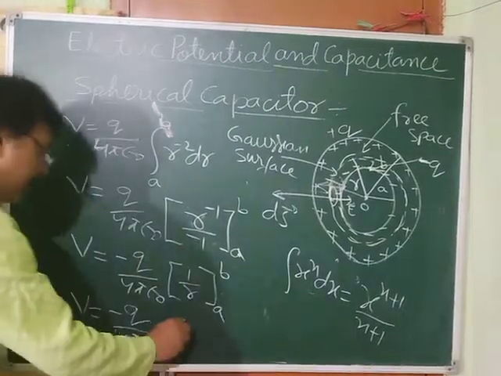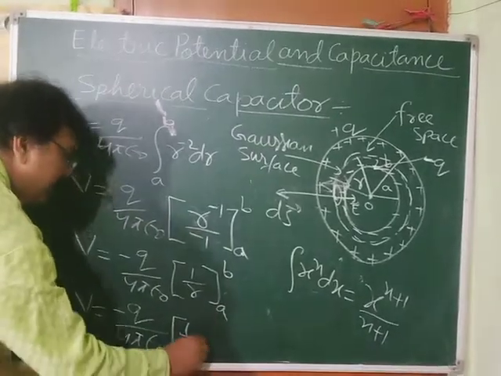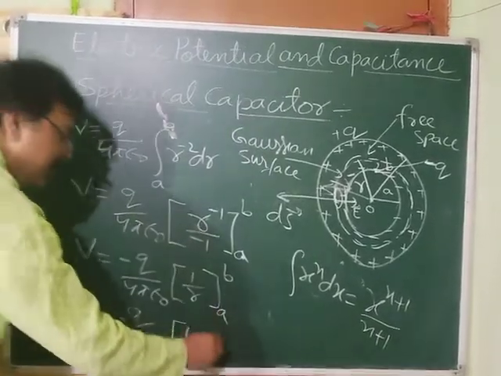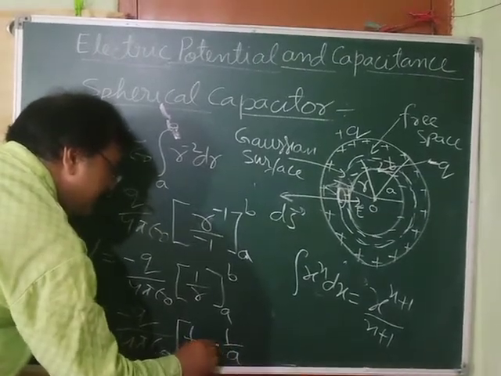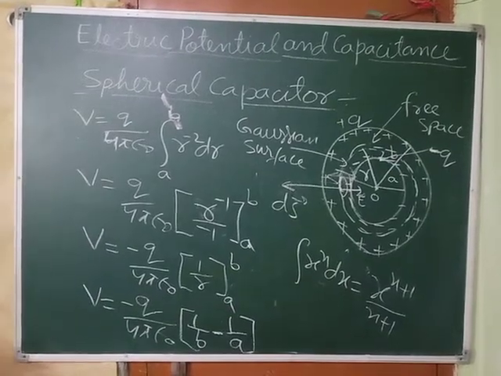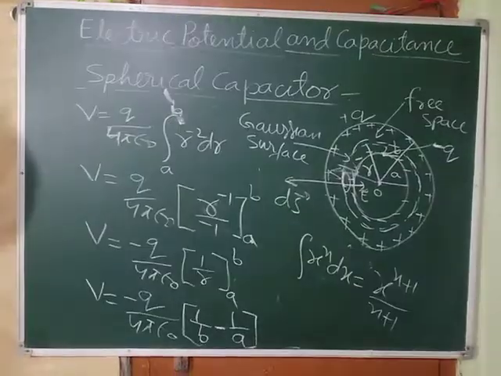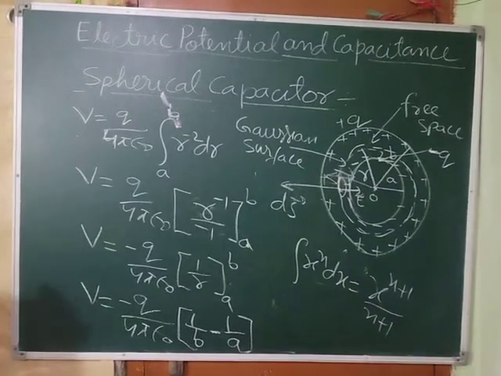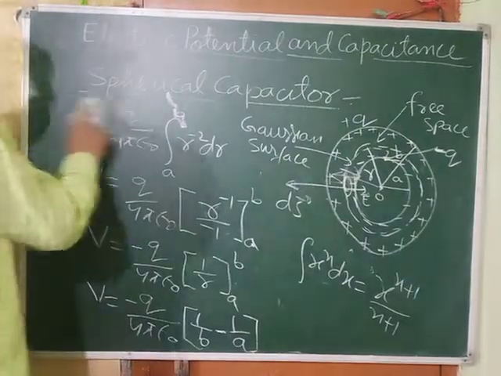What we can do here? We have to first put the upper limit, that is 1 by B. Then minus sign. Then the lower limit, that is 1 by A. Got it? I have put the first upper limit, then minus sign, then lower limit. Okay. Note down. You have done. Very nice.